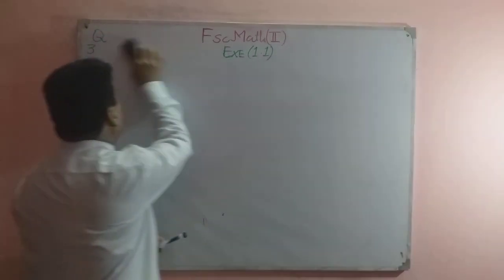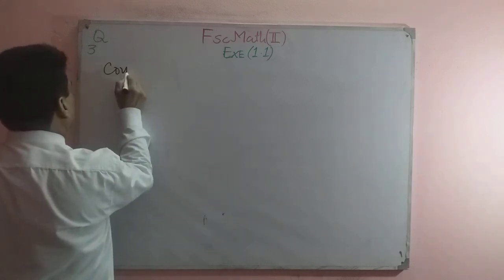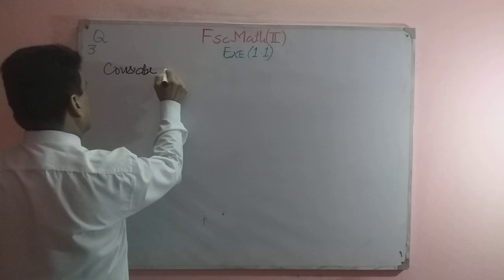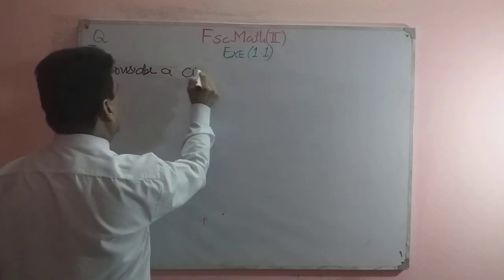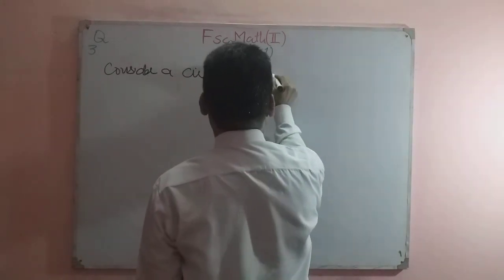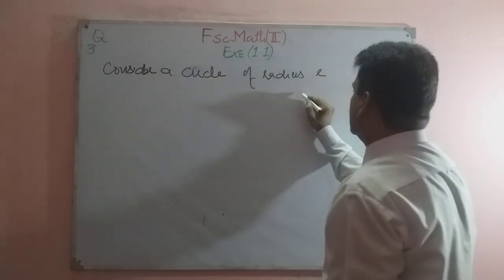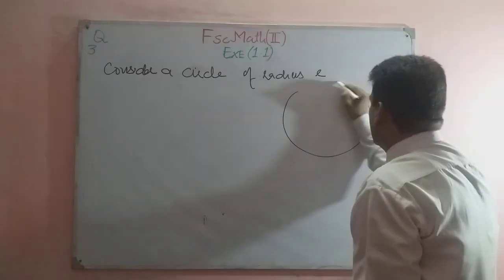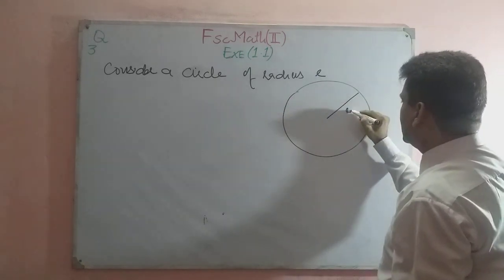For its solution we write: consider a circle of radius r. This is a circle with radius r.